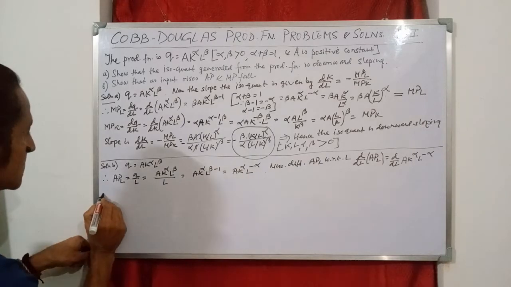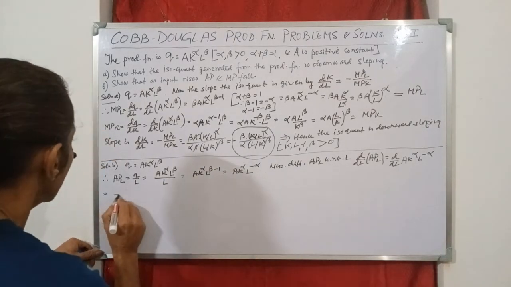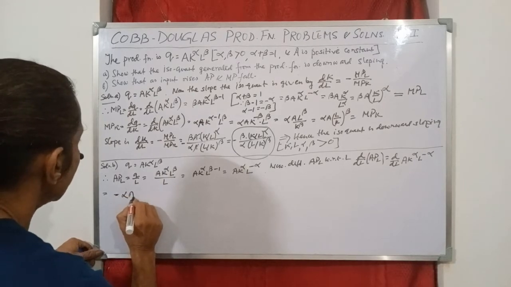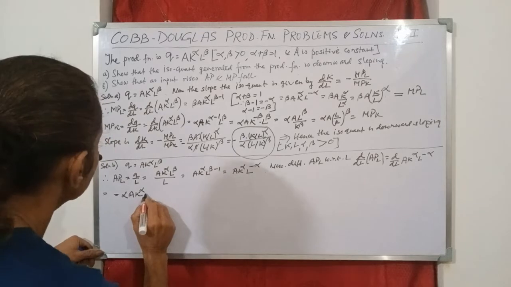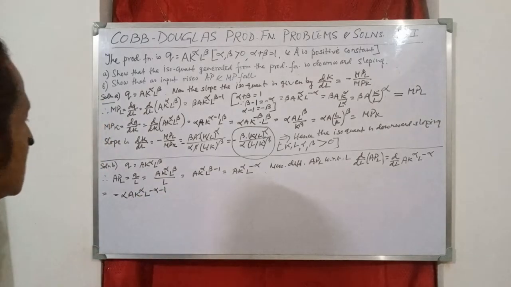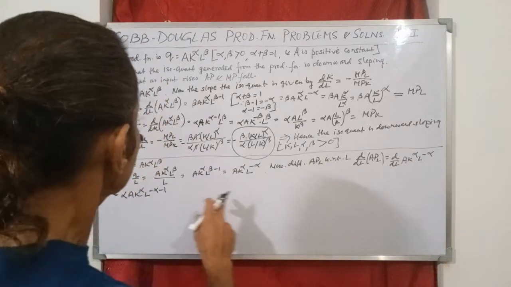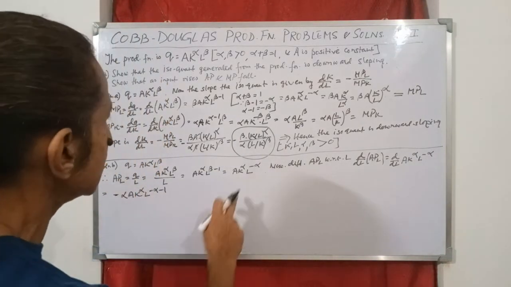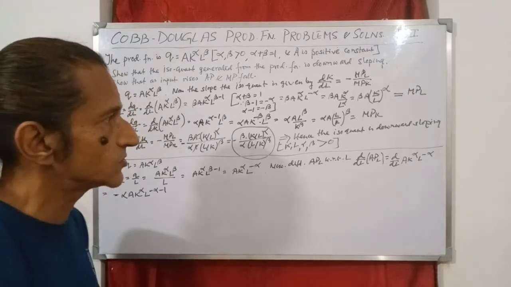So this becomes minus alpha A K to the power alpha L to the power minus alpha minus 1. We have differentiated Q by L, that is A K to the power alpha L to the power minus alpha, with respect to L.